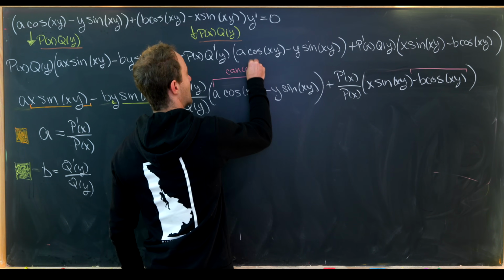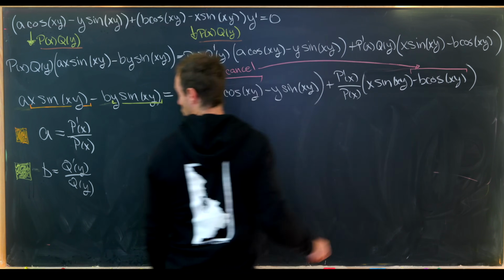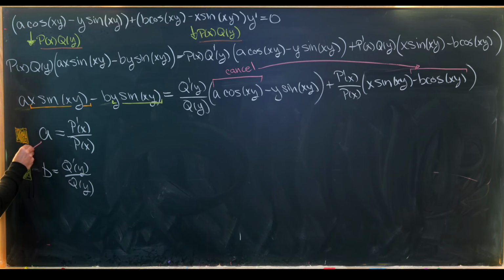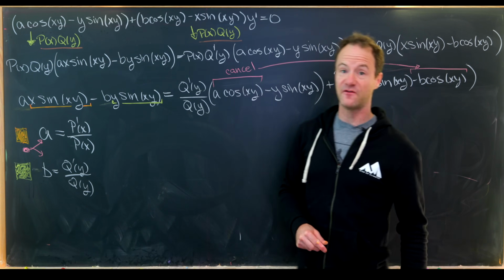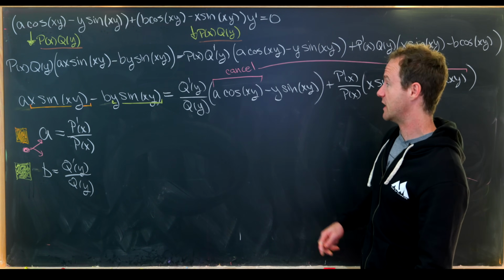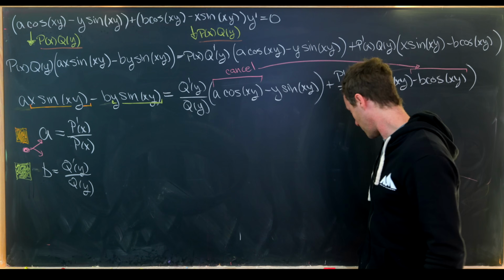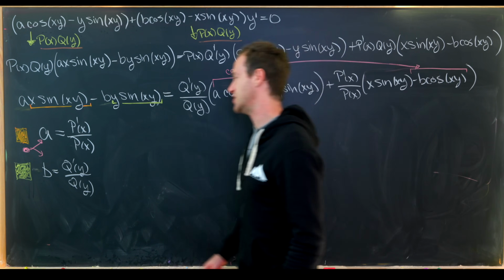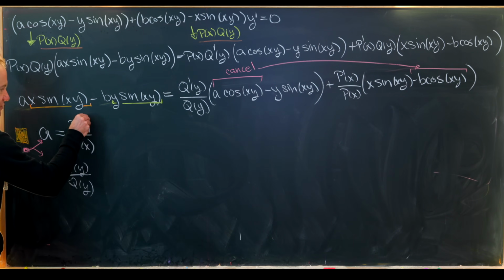So let's say that these cancel with setting these two equal to these numbers a and b. So that means these values for p prime over p and q prime over q, in fact, will change this to an exact differential equation. Remember, all of this trickled down from our desire to change this into an exact differential equation.